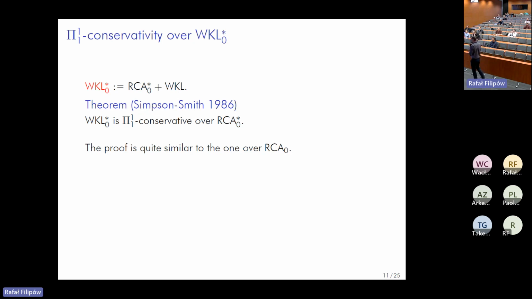So if you add weak König's lemma to RC0 star, to this weaker base theory, you again get no new truths about numbers. And the proof is again more or less the same argument that Harrington did. Again, you force with subtrees of a particular tree in order to add a path through that tree. And again, the main difficulty is ensuring that you have enough induction in the model you produced.